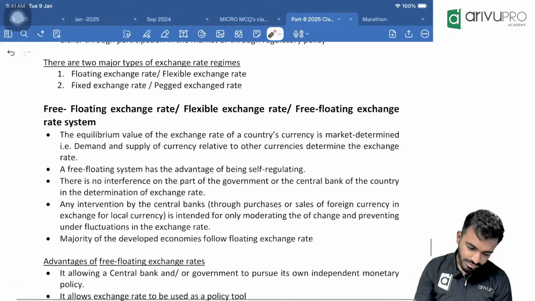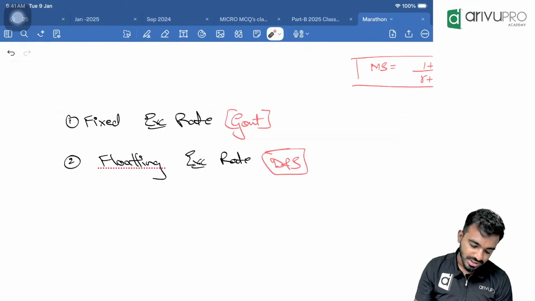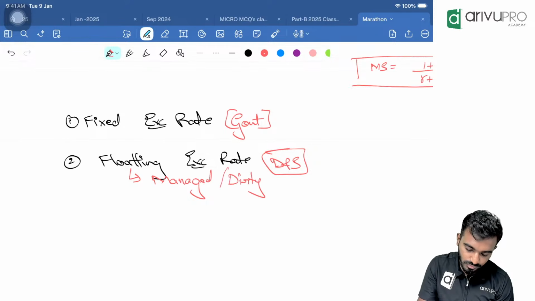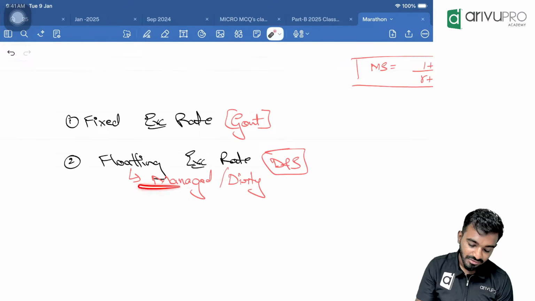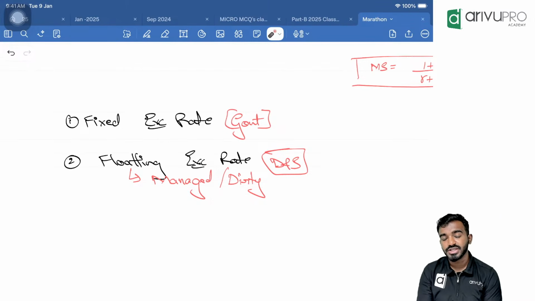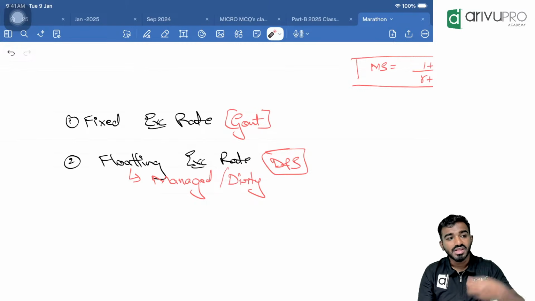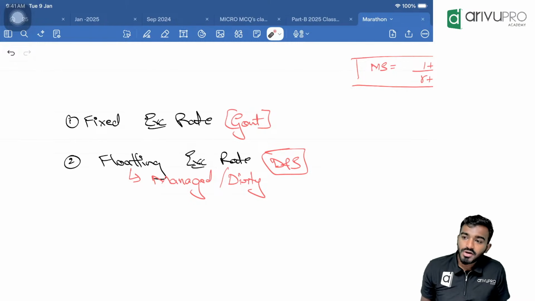And under the floating exchange rate, we have one more kind, called a managed float, or also called a dirty float. So what is this managed float or dirty float? Simple concept. The nation's government will not straight away get involved, but in order to control heavy fluctuations, they will become a participant in the exchange market. That is called a managed float or dirty float.